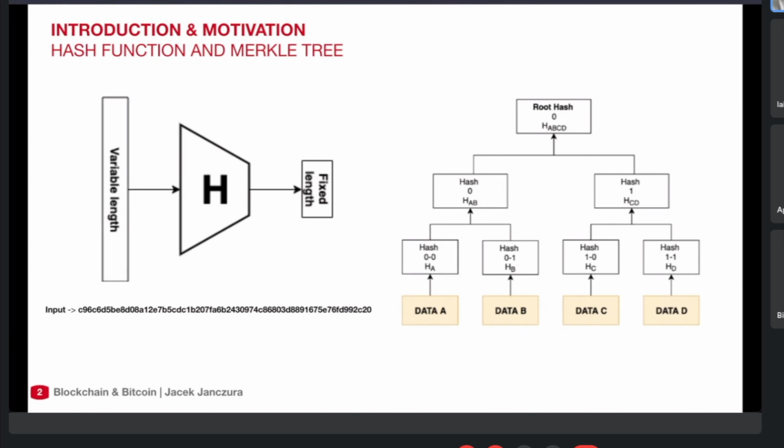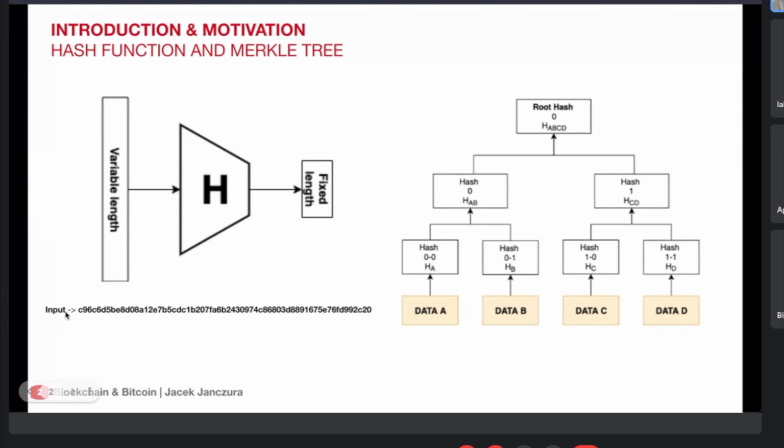But a good hash function makes it impossible to predict which string was created, what was fed to this hash function at the input. So that's really important, that we cannot predict that C96 was created by hashing a string input.